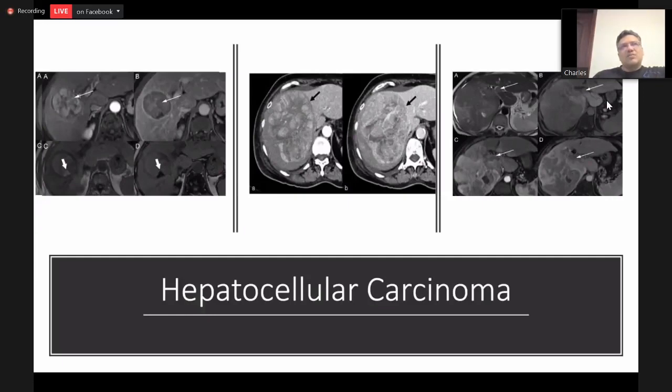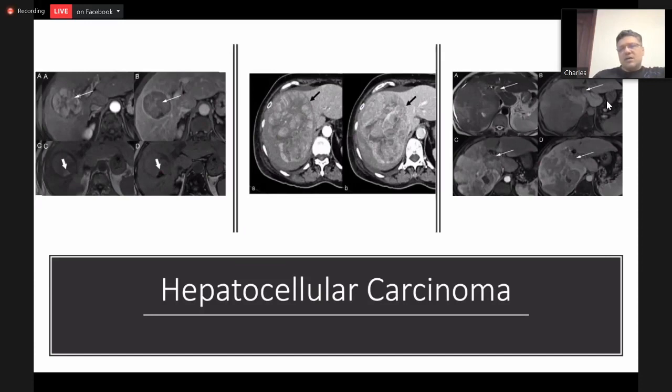And tumor thrombus most often will show arterial hyperenhancement similar to that of the tumor in the arterial phase, and you see a washout in the venous phase. So any thrombus that is contiguous with a lesion, any thrombus that is expansile in the setting of a tumor, any thrombus that shows arterial enhancement and venous washout, that is a tumor thrombus.